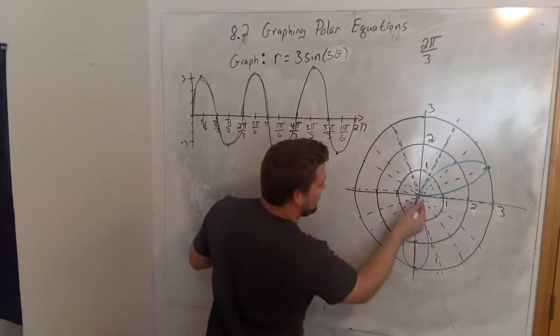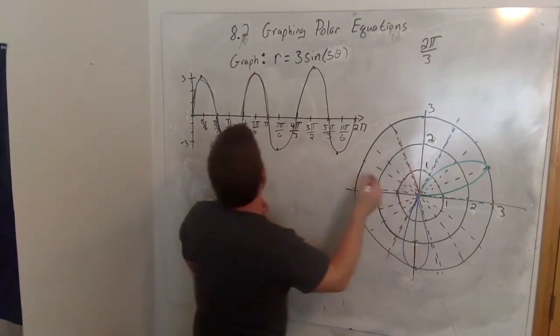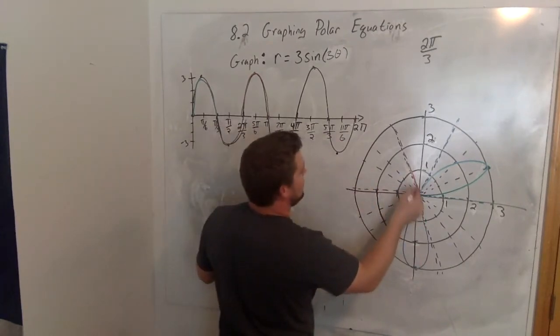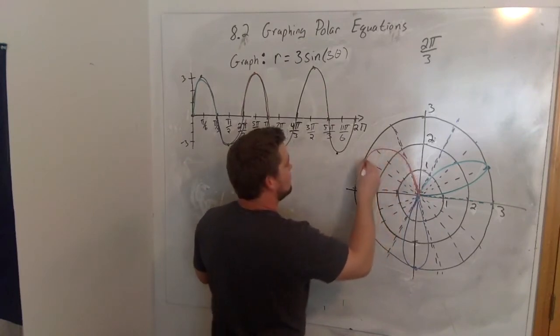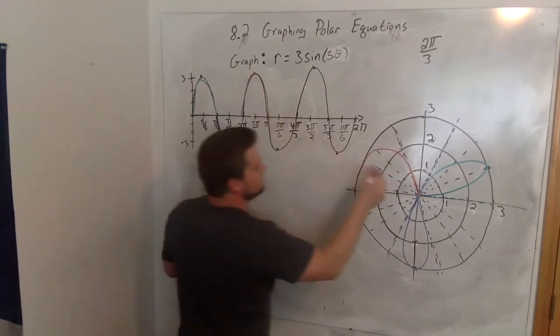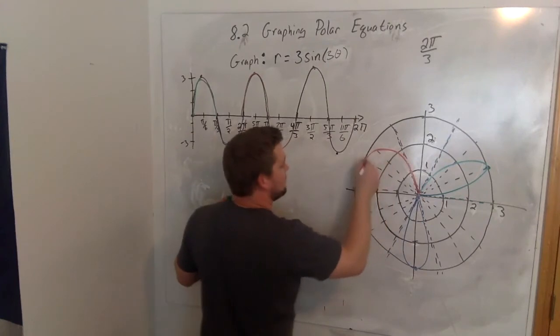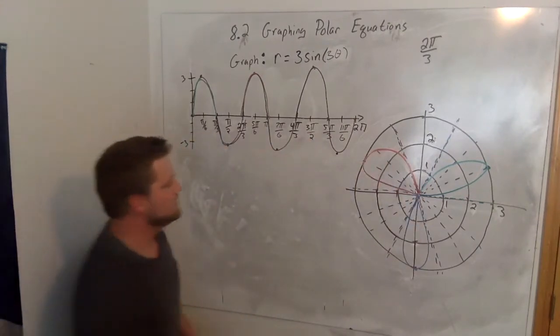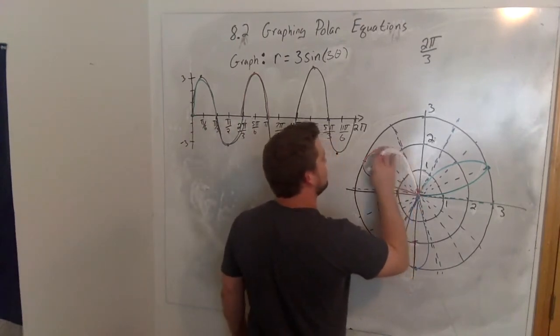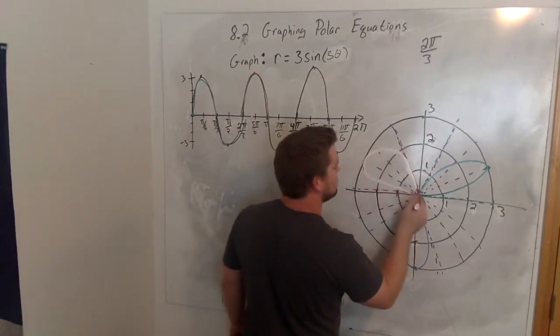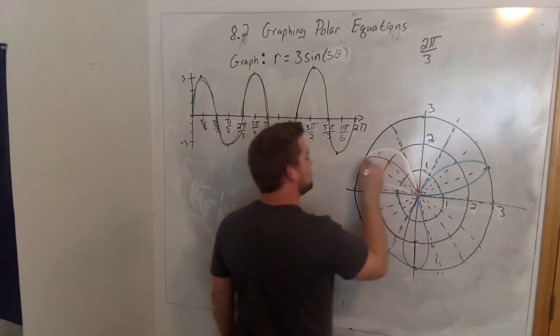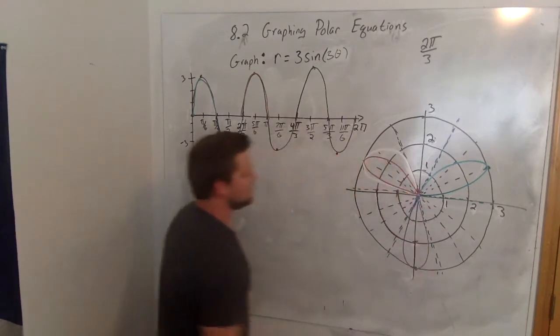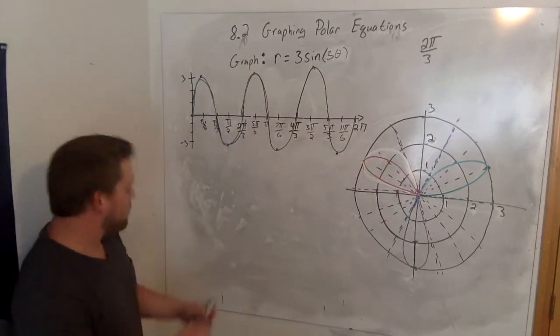It's going to come back up, and right at 5 pi over 6, we're going to get a radius of 3. So it's going to come up, and it's going to come back down. And here we are. Probably make that a little bit more symmetric. Okay, there we go.